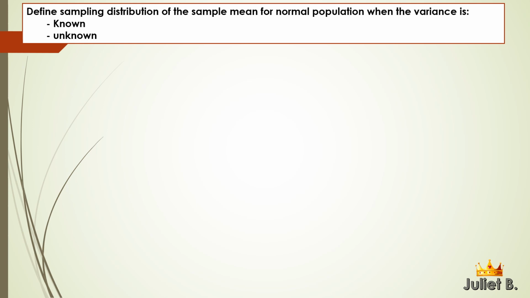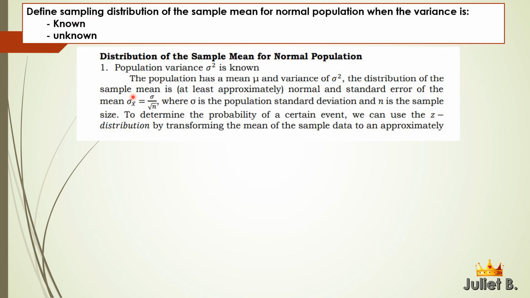We also have defining the sampling distribution of the sample mean for a normal population when the variance is known and unknown. So, the distribution of the sample mean for a normal population, number 1, population variance is known. It is known when the population has a mean and variance.